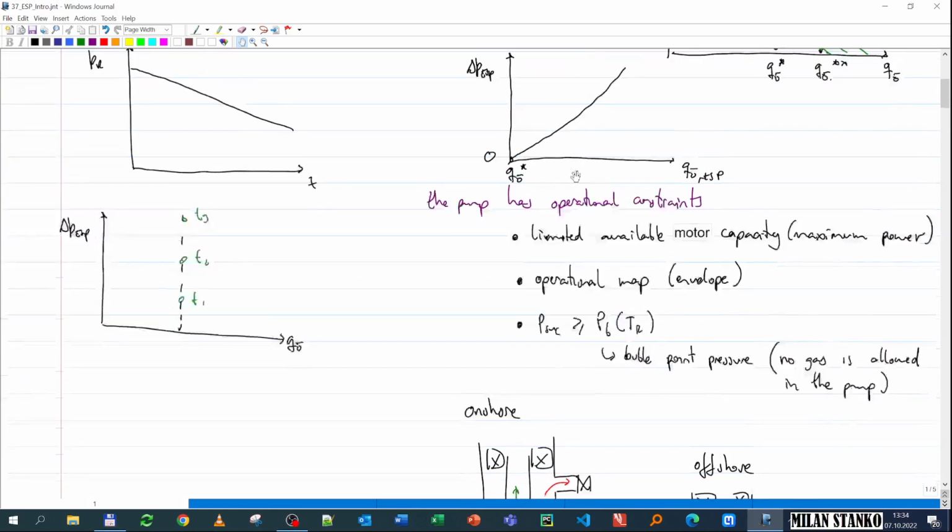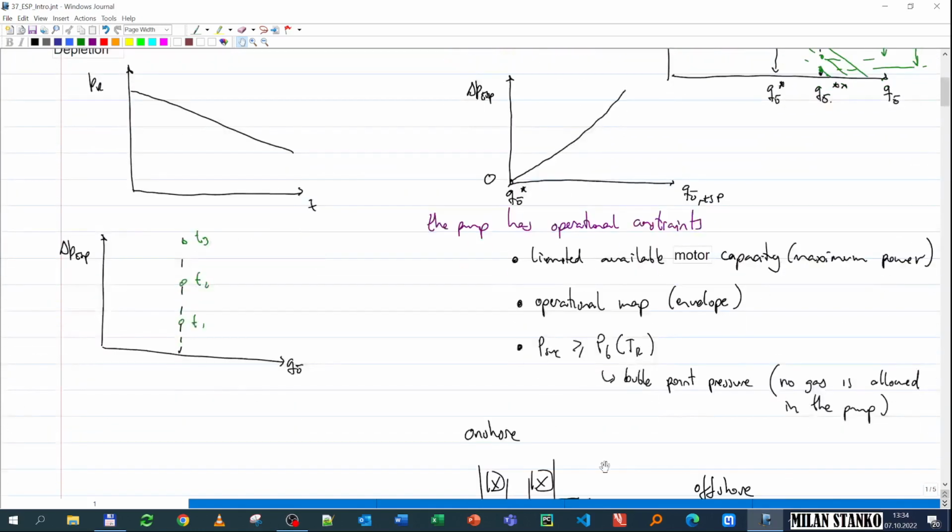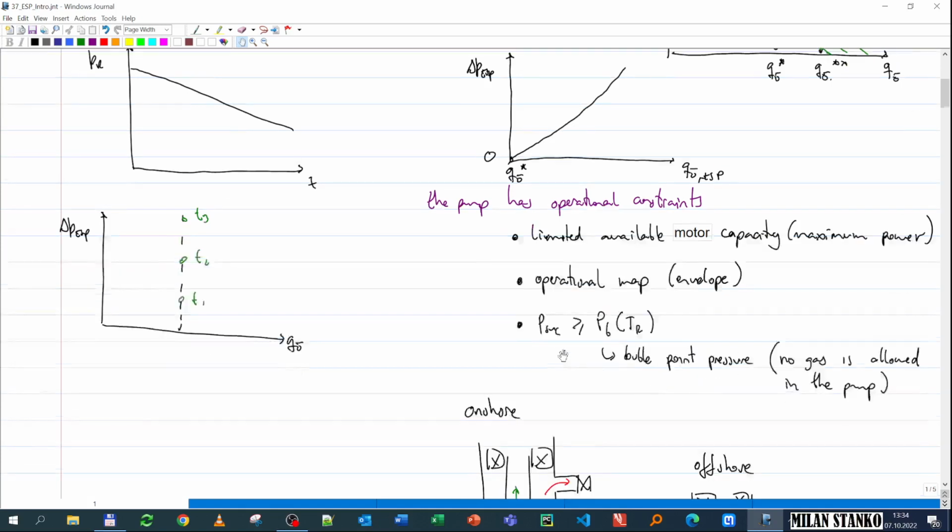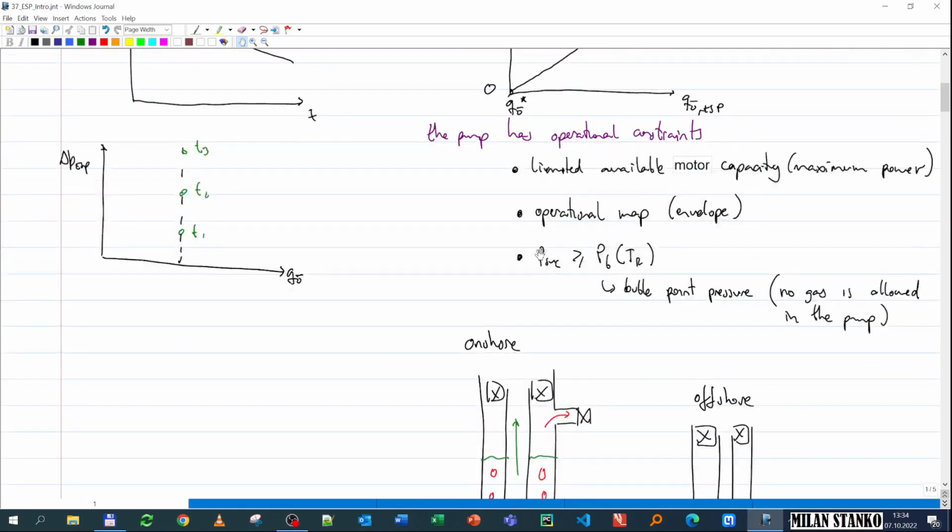And the suction pressure to the pump, in this case the flowing bottom hole pressure, typically I want it to be above the bubble point pressure at reservoir temperature or at suction temperature. And that typically is made to try to avoid gas entering the pump. Liberated gas from the oil will enter into the pump. This is not always the case. In some situations I can produce with pressures below the bubble point pressure.